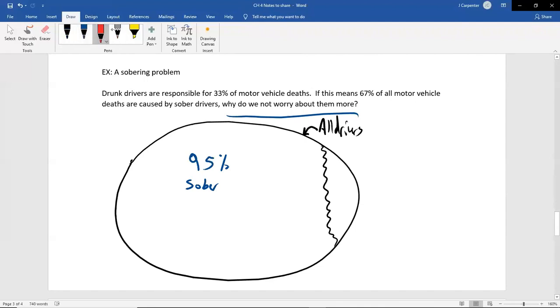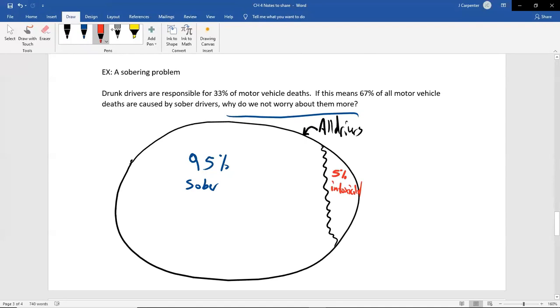And then this other, we'll do it in red, this roughly 5% are the intoxicated drivers. So again, an average on any moment on the road, averaging across all 24-hour blocks. This is roughly saying for every 20 drivers out there, 1 is intoxicated and 19 are sober.